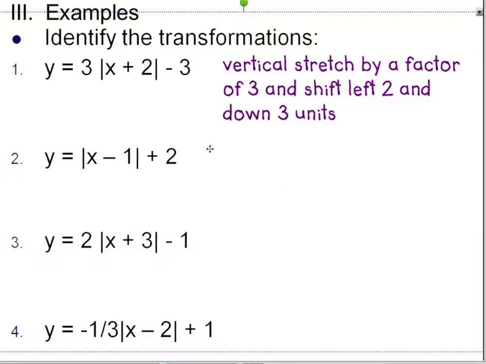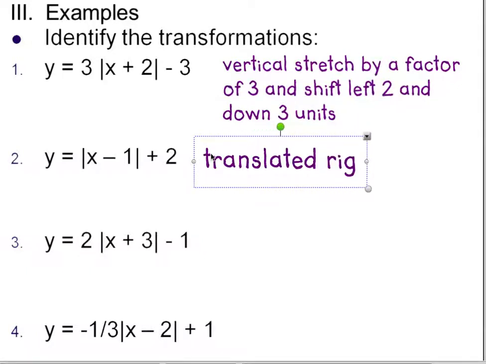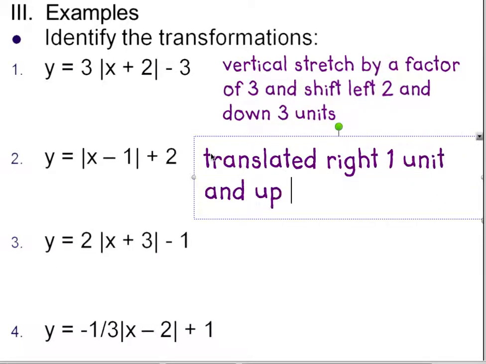Now the second one, and you'll have some just like this on your homework. This one here is just going to be, we can get away from the word shift now and use translation. So we could say that this graph has been translated right 1 unit and up 2 units.